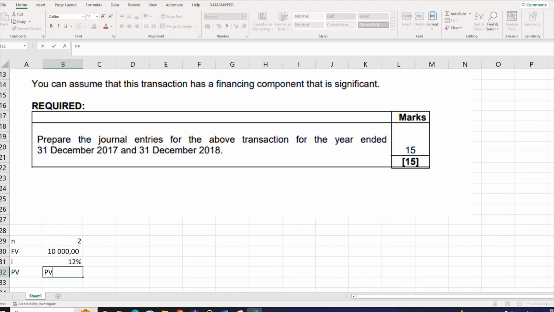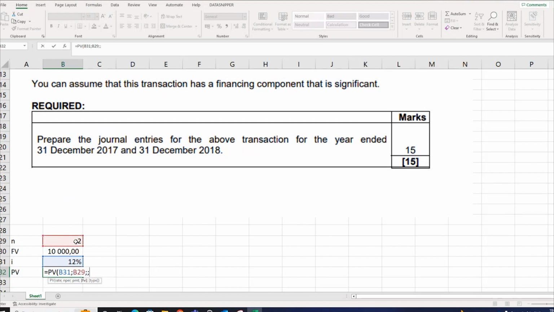So then we'll say the present value: the rate, we've got these 12%. Then the period is, no, we don't have a payment, so the period is 2 years.